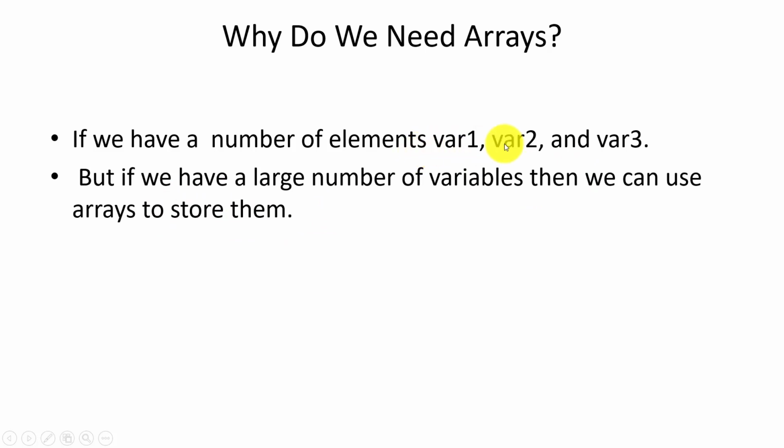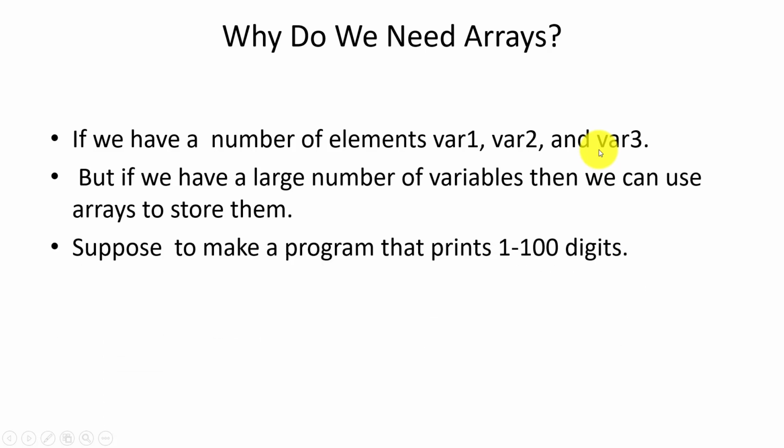Now all three variables I can store under one single name. We know that a variable occupies some memory. Variable 1 occupies separate memory, variable 2 and variable 3 too, and so on. If we have to make a program to print the digits 1 to 100, I require 100 variables.